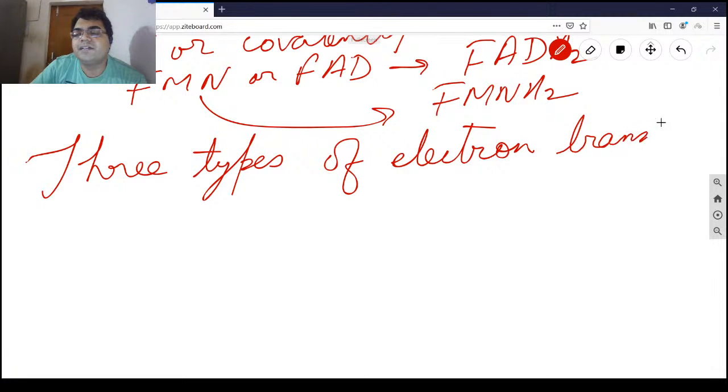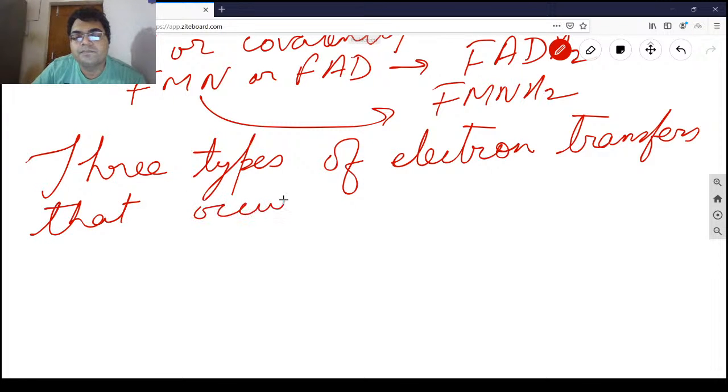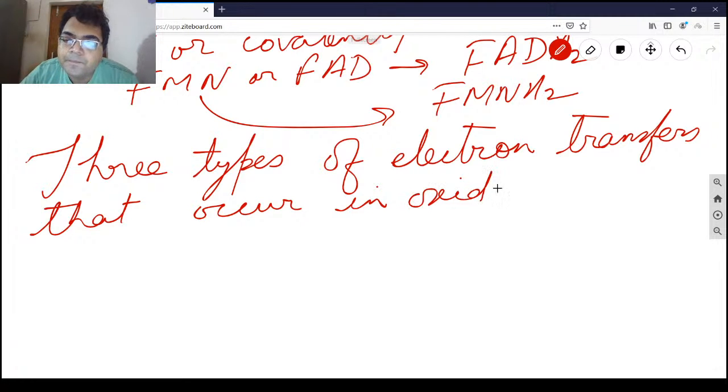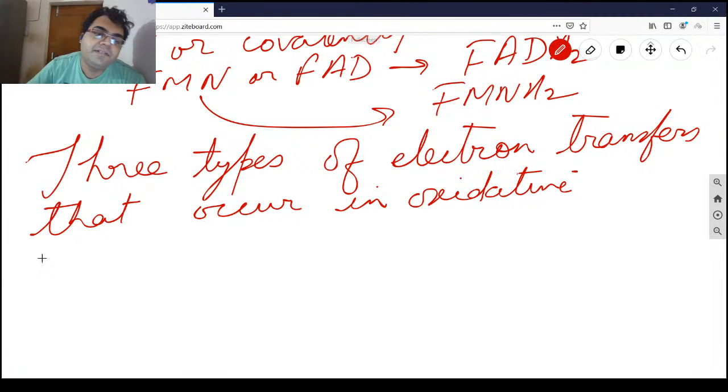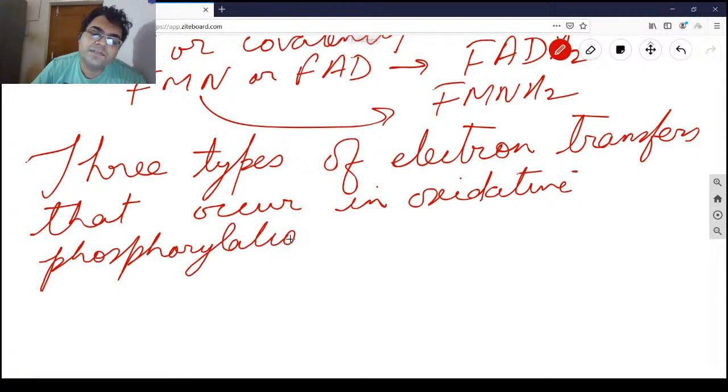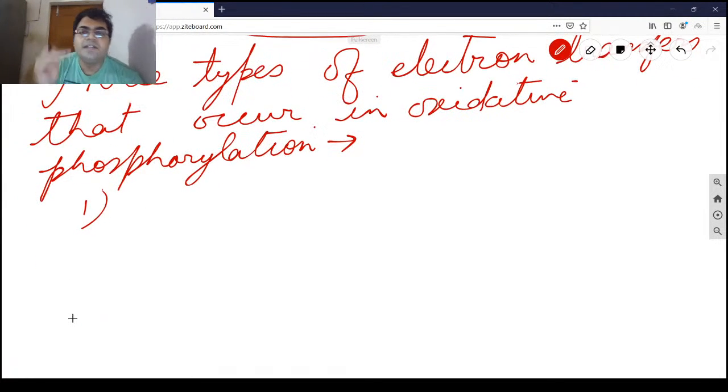Electron transfer that occurs in oxidative phosphorylation. Number one type of electron transfer occurring in oxidative phosphorylation is direct transfer of electrons.